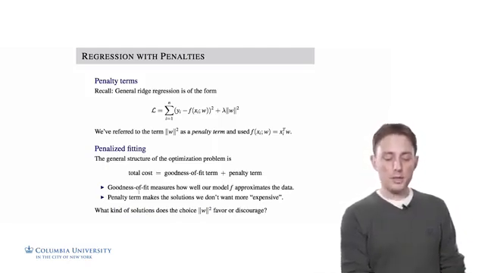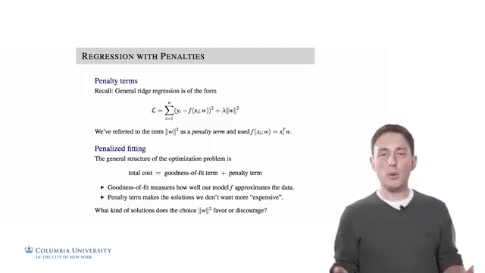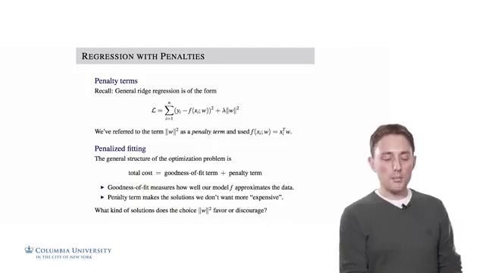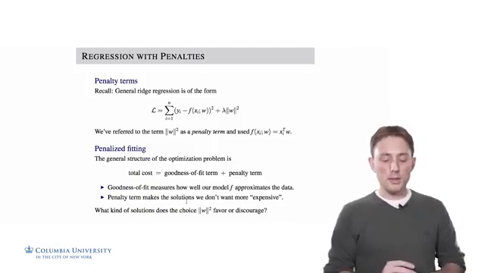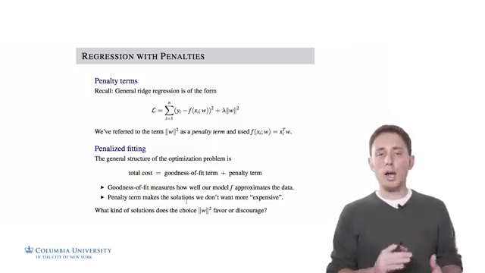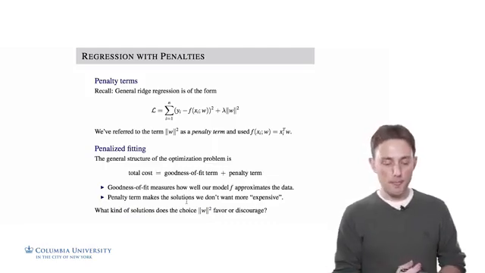So this goodness of fit term is simply a measure of how well we can approximate something. But the penalty term then makes solutions that we don't want a priori more expensive.